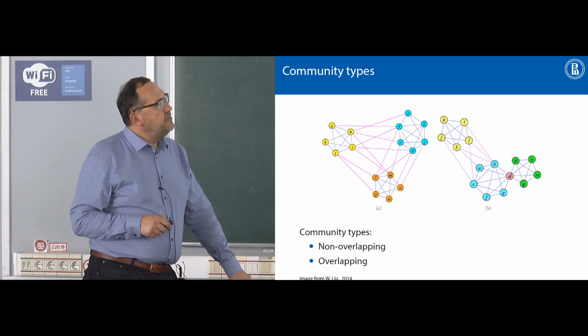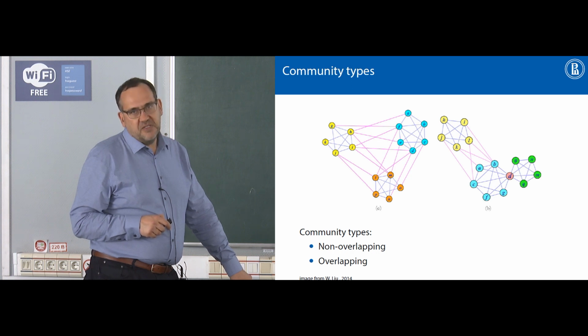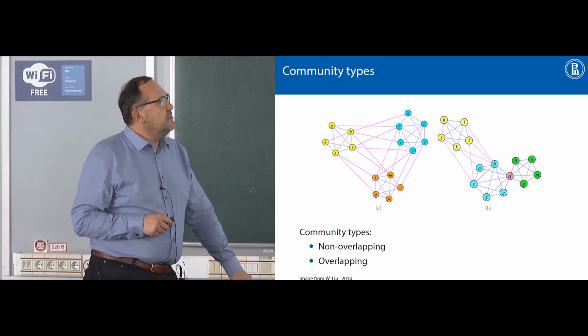And so this is a situation called overlapping communities, which is when there are a couple of communities and they intersect over some node or maybe several members. So in social networks, you usually can have both of the situations.